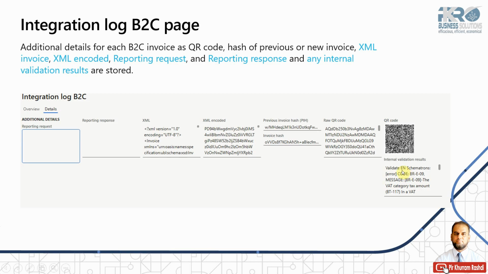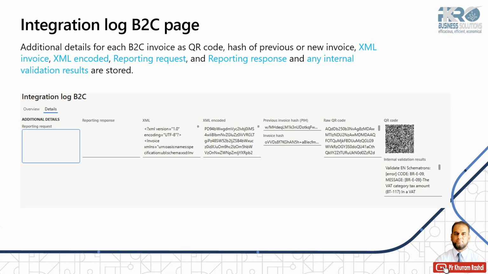And then there is a box which will store the internal validation results. Once it is internally validated within this solution using the ZATCA SDK, it will keep all the errors. Warnings are accepted right now, but errors are not accepted. If there are any errors, we need to fix them before sending to the ZATCA portal.